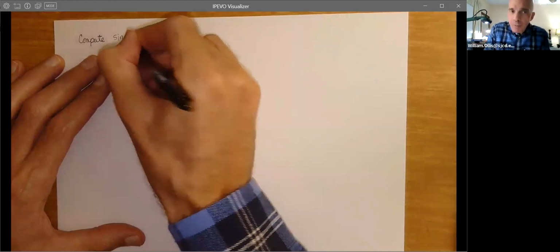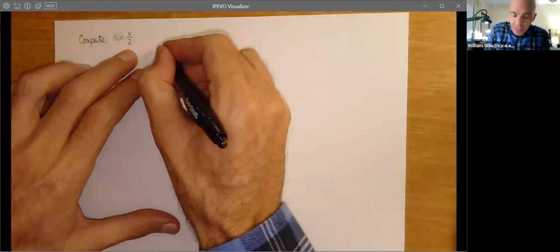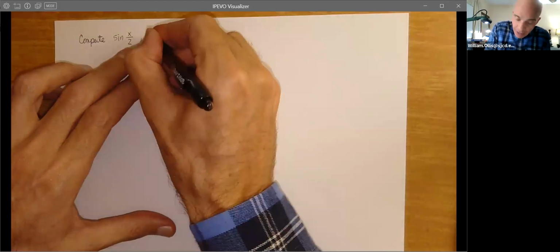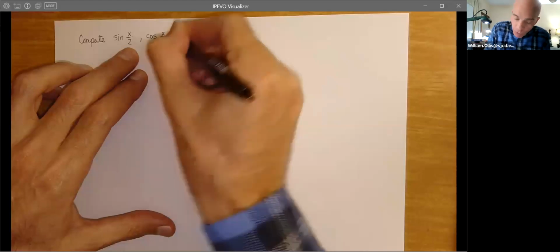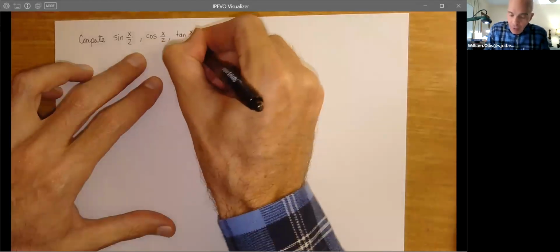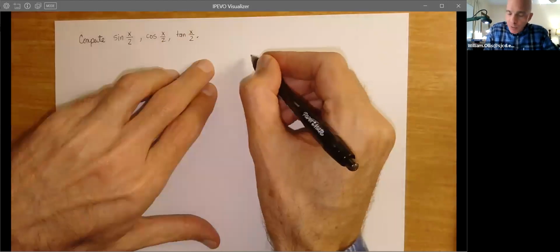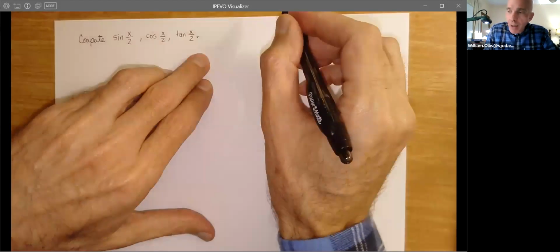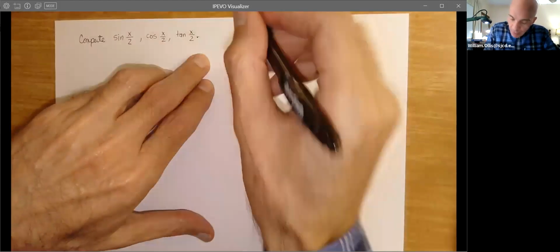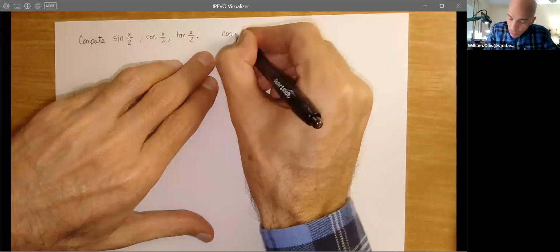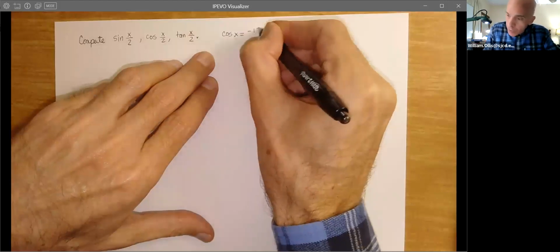So the problem says that it wants the sine of the half angle, the cosine of the half angle, and the tangent of the half angle. Of course, like the previous problem, we need a hypothesis. So here's what we're given. We're given that cosine of x equals negative 15 over 17.